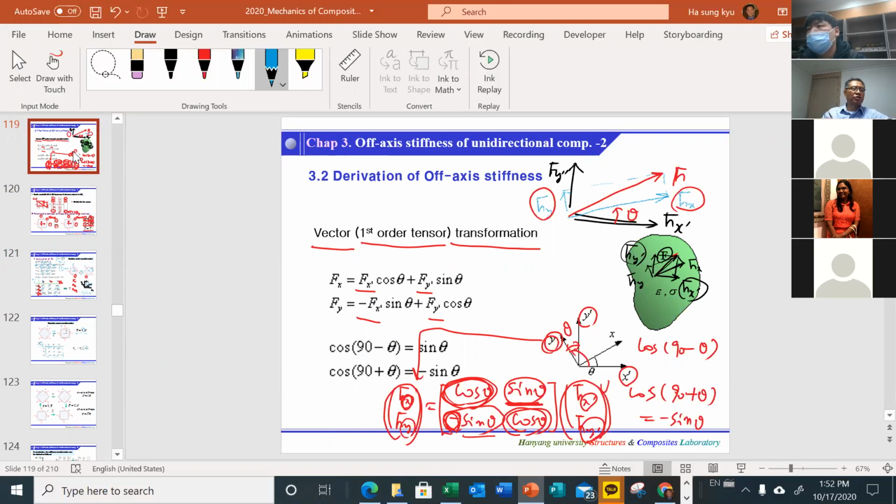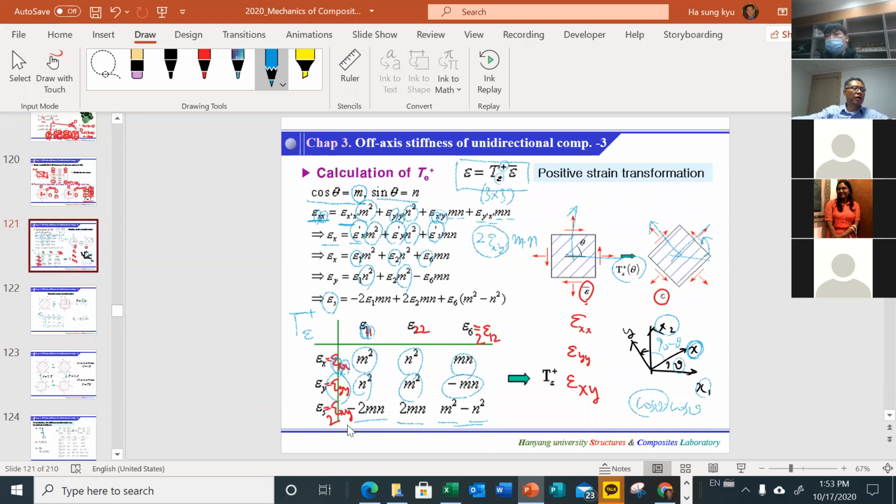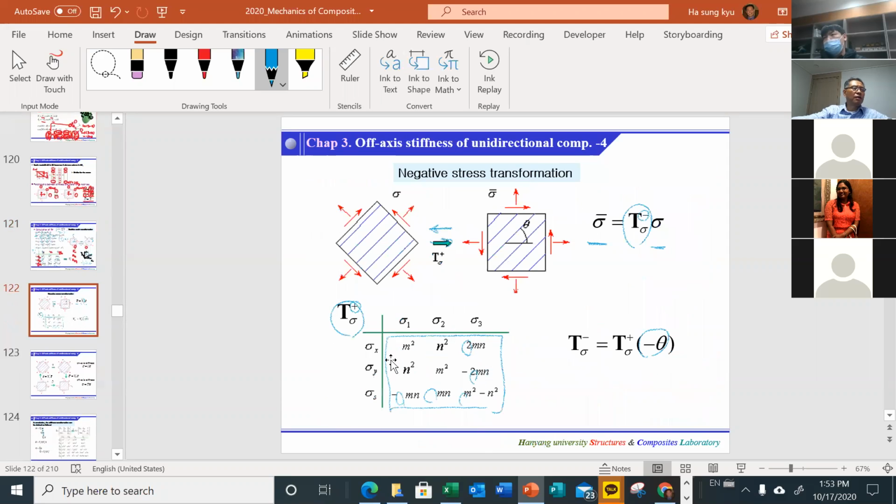Okay, back to this transformation, and as you can see, the concept is that in vector we have the m and n. This is the minus m and n. So this is the table we can multiply. For the strain, we have a 3 by 3, and for stress, we have another 3 by 3.